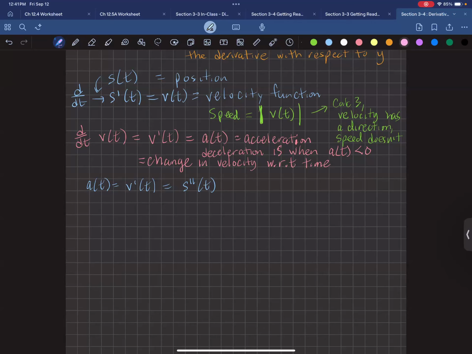And finally, when we have a change in acceleration over time, think of braking really hard.